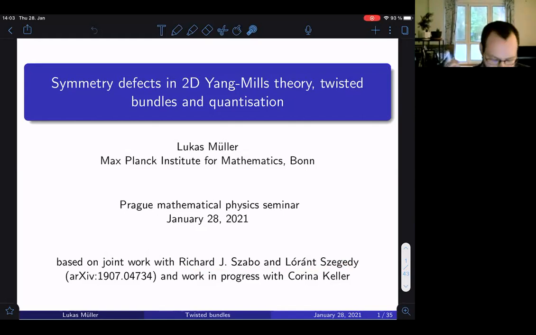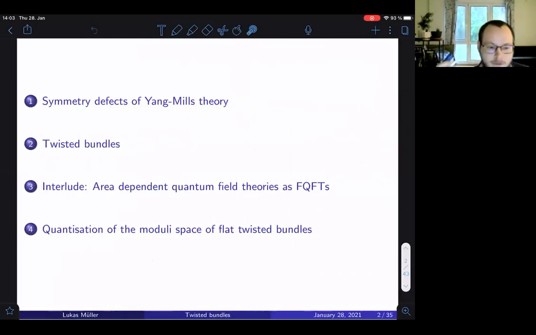And then in the last part, I will talk about joint work in progress with Corinna Keller, where we work on constructing quantizations of these moduli spaces of flat bundles. The brief outline for my talk is that I will start with discussing what symmetry defects are and a simple class of examples in Yang-Mills theory.